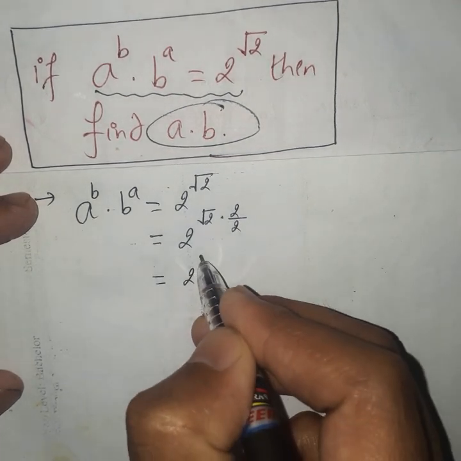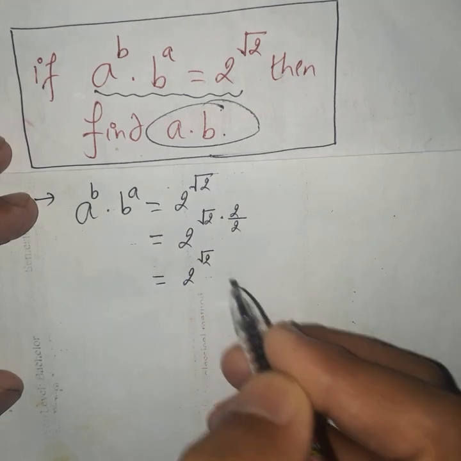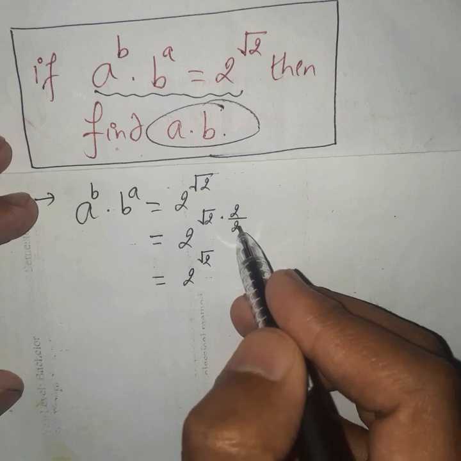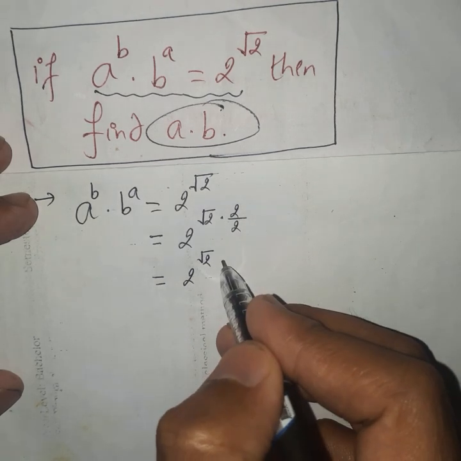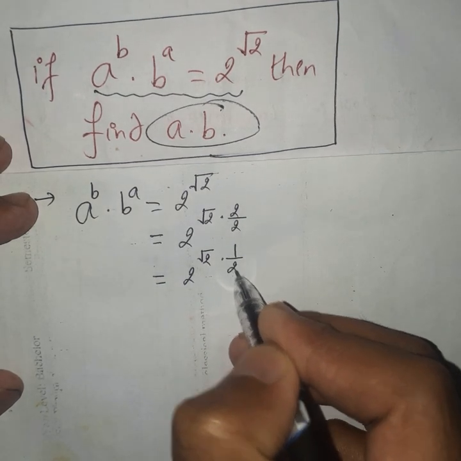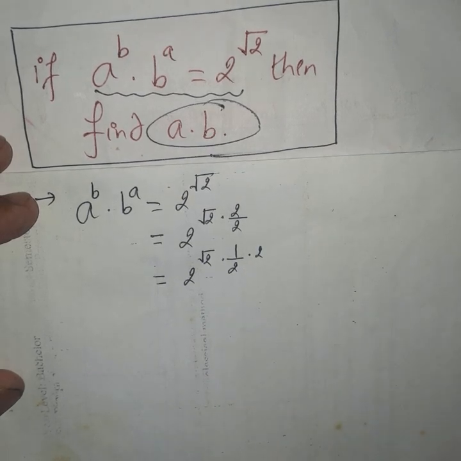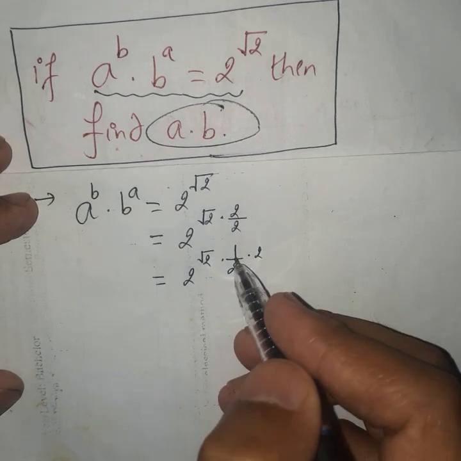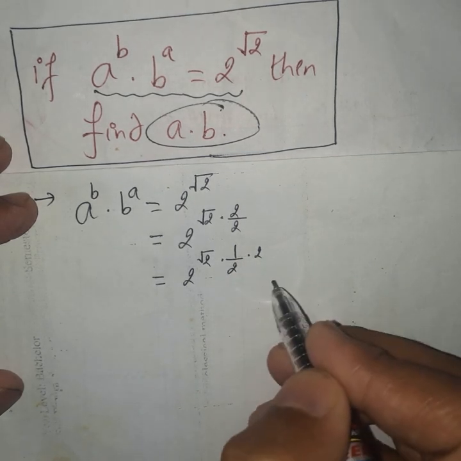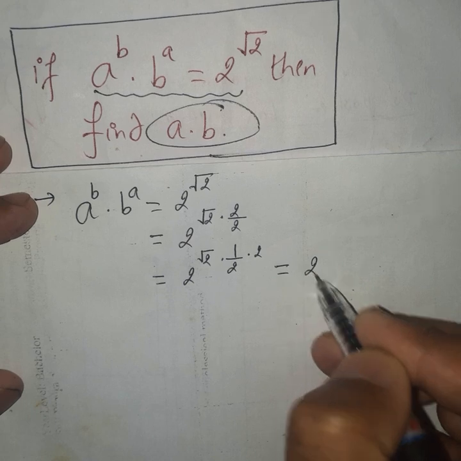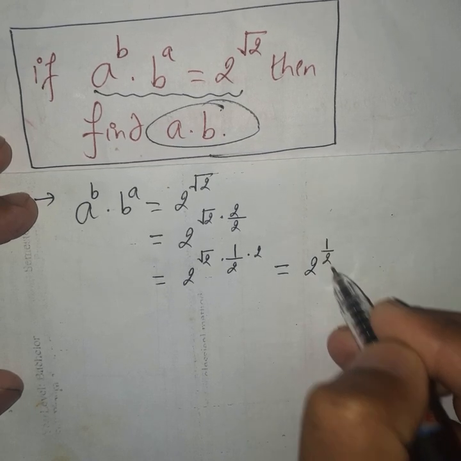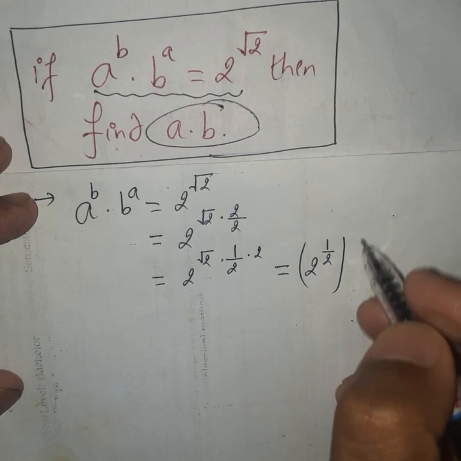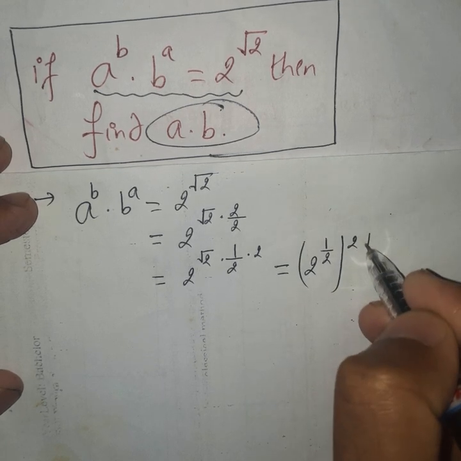Let's take this power 1 over 2, which can be further written as 1 over 2 times 2. Here just split this fraction: 2 over 2 can be written as 1 over 2 times 2. So 2 to the power 1 over 2 is raised to the power of 2 square root 2.